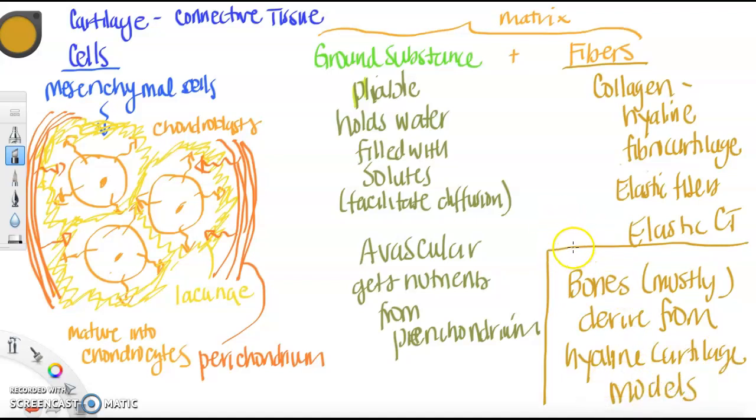All right, so in the next video, we'll talk about bone and how its structure is, and then we'll talk about how bone forms. And you're going to see that most bone forms from those hyaline cartilage models.